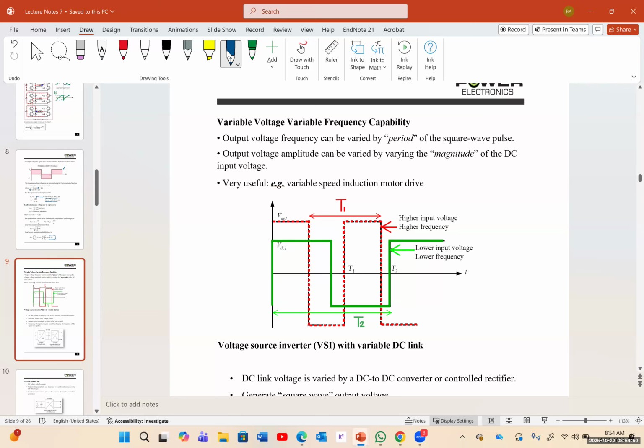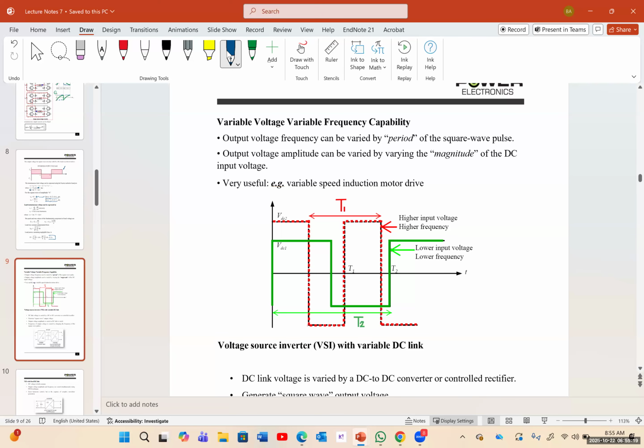For example, variable speed induction motor drives use this technique. So we learned that we can convert DC to AC by simply using the switch. Now, changing the switching frequency and timing, you could change the frequency of the output. And by changing the input amplitude, you can change the output amplitude as well.